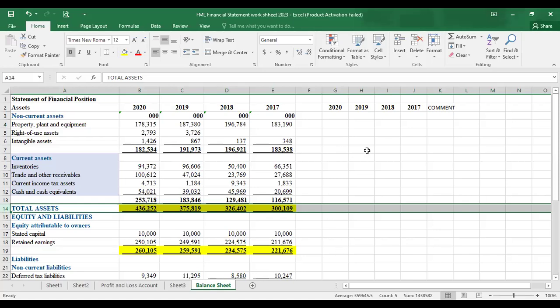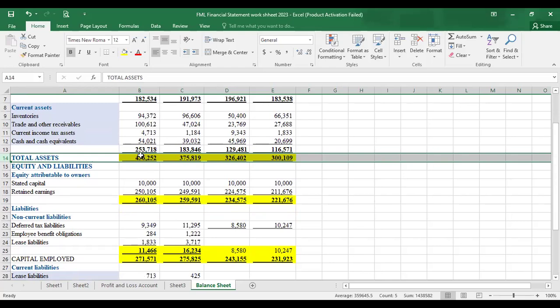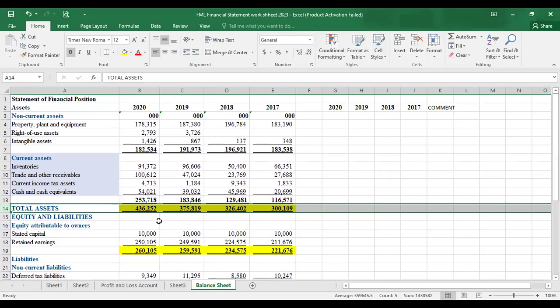So the total assets of 436,252 for 2020 will be the base which we would use to compare the property, plant, and equipment value to. We would use that same base for right of use, intangible assets, inventory, stated capital, retained earnings, all the line items. For a statement of financial position, we will use the total assets.